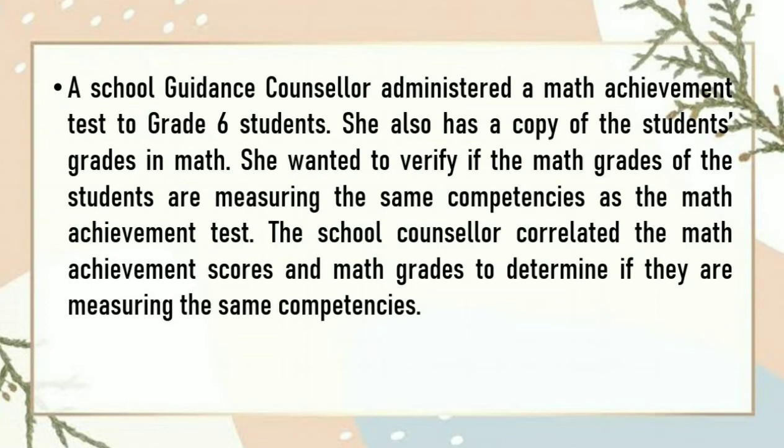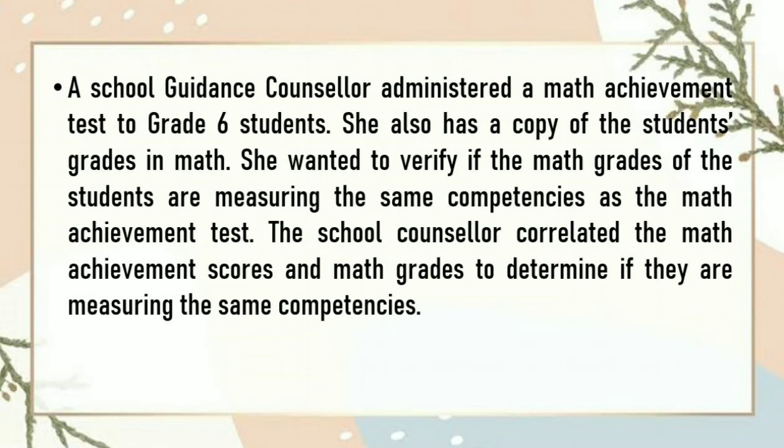She also has a copy of the students' grades in math. She wanted to verify if the math grades of the students are measuring the same competencies as the math achievement test.